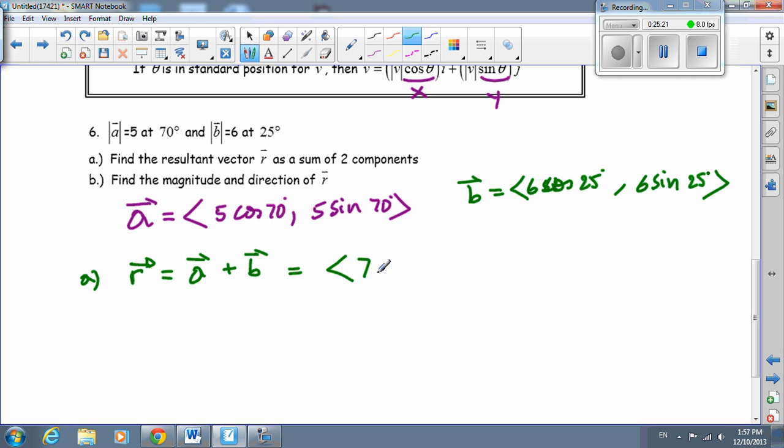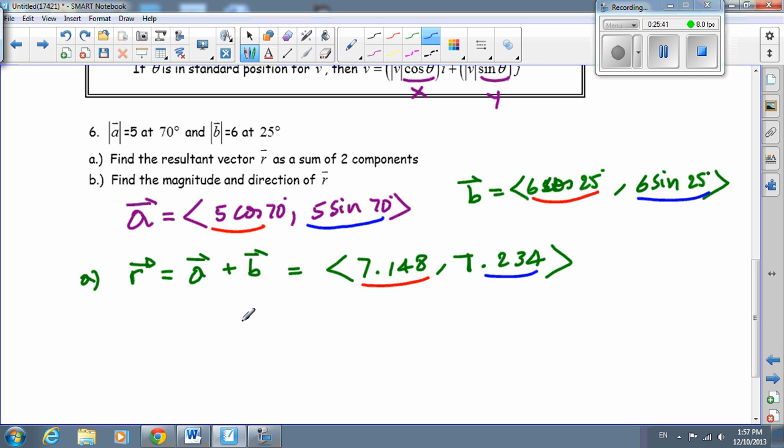You should get 7.148. And the other one, you will get 7.234. For the first one, I add my x values, and for the second one, I will add my y values.